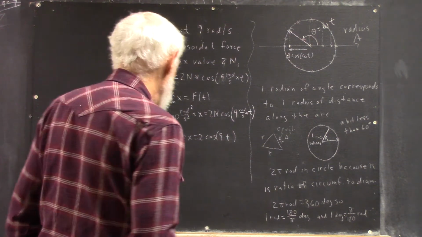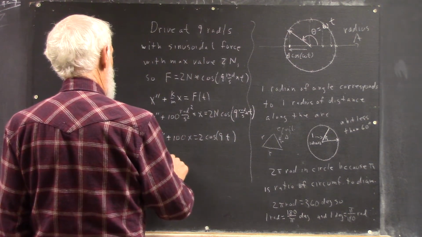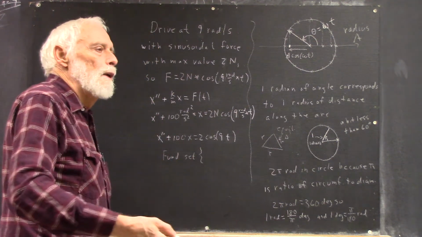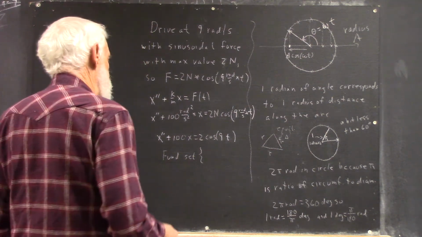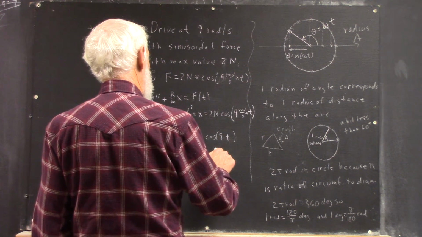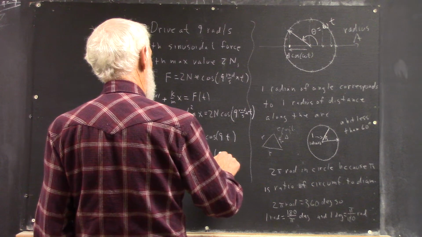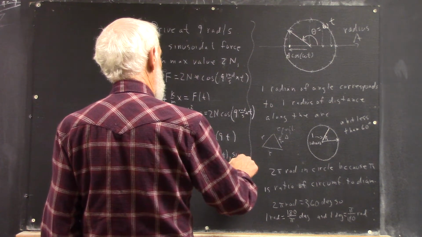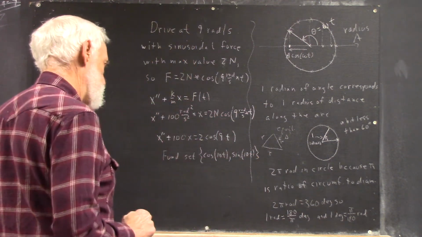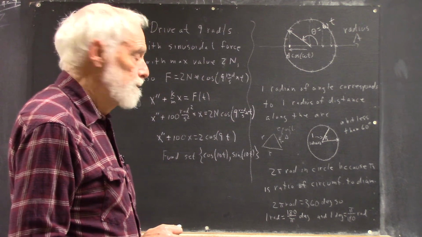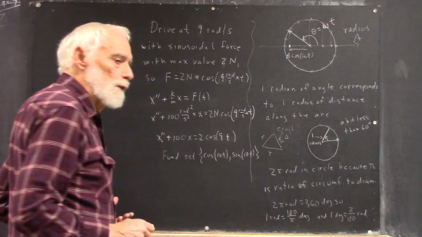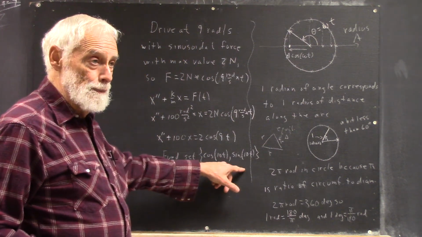We know, okay, instead of the e to the i omega t, e to the negative i omega t, I'm just going to use a fundamental set, cosine of 10t, sine of 10t. Okay? So that I know my general solution is some linear combination of these.